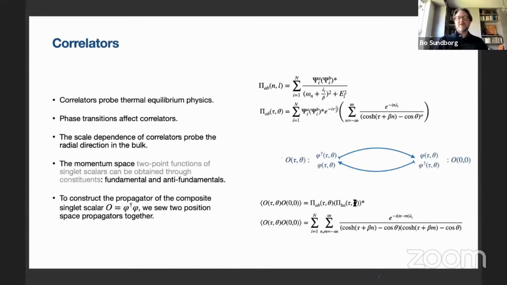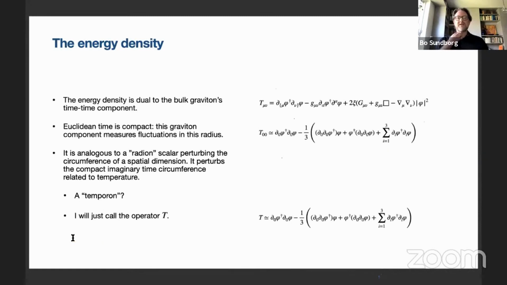We sew together two fundamental propagators and obtain a result. The result is this one, and the scale is set by beta, the inverse temperature.